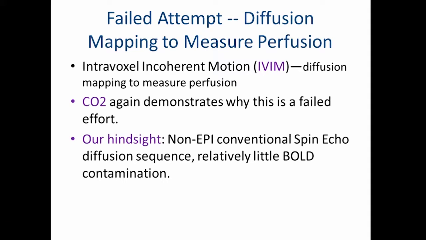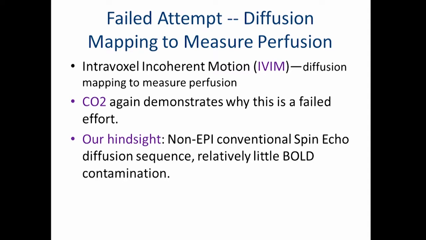And one extra hindsight is that recently, some people are still trying to revive this method of using diffusion to measure perfusion. But the problem is that most of the diffusion sequences right now are based on EPI, and EPI could be contaminated by BOLD, which is an unfortunate side effect. It's very hard to get rid of the BOLD effect.